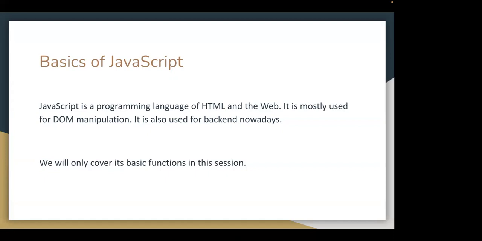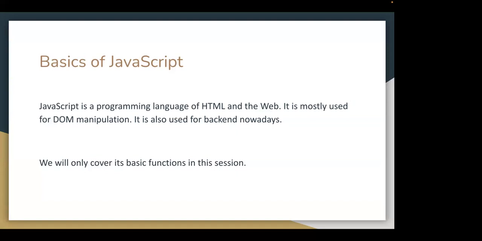Nowadays JavaScript is also used in the backend, such as Node.js and Deno. Initially JavaScript was just for the front end, but now people use it for the backend as well.